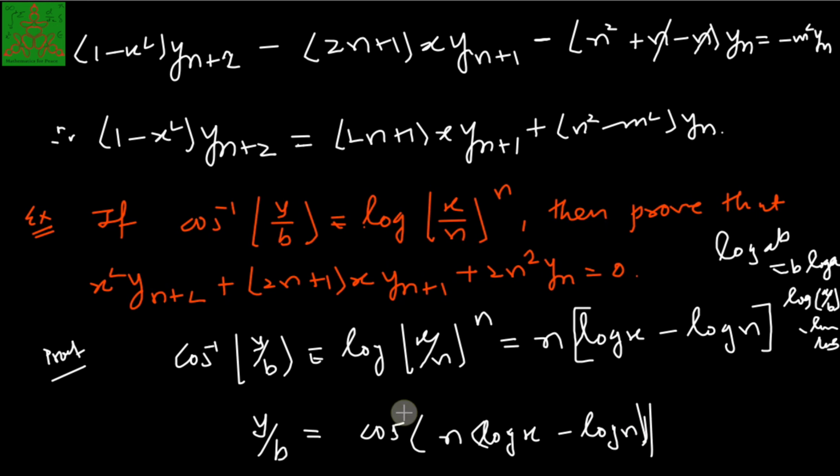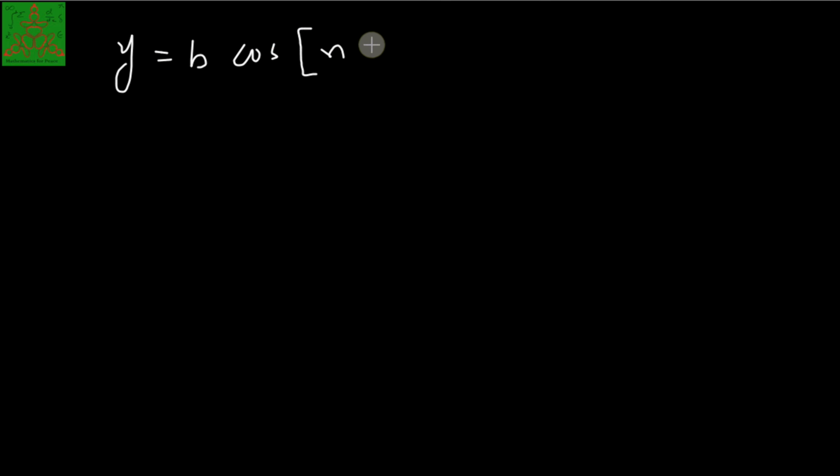So finally what we have is y will be b into cos of n into log of x minus log of n.